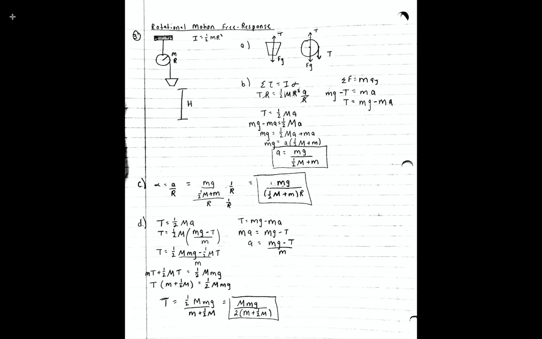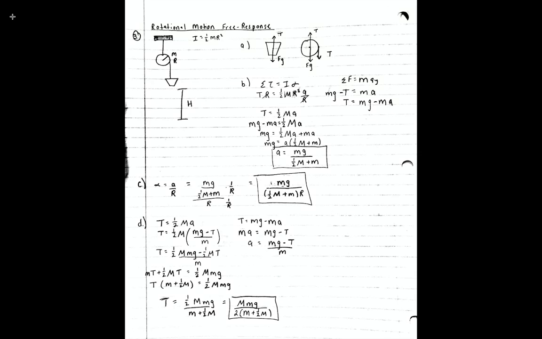So we plug in for I and for alpha. As per usual, our r's cancel. We have an expression for tension. We use Newton's second law to find an expression for tension, and then we plug in using the system of equations to find an expression for a.